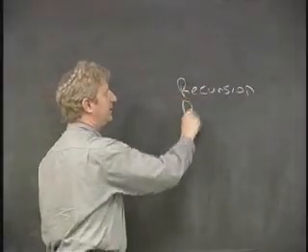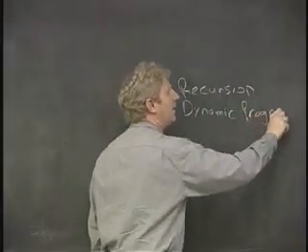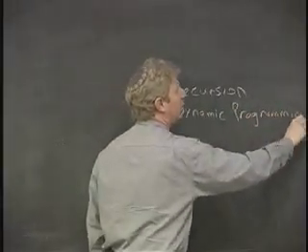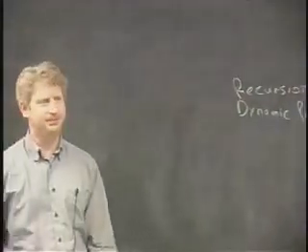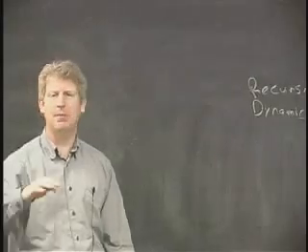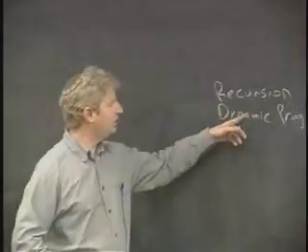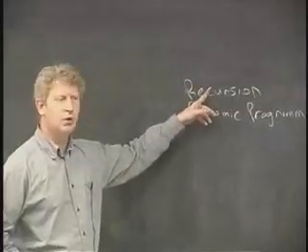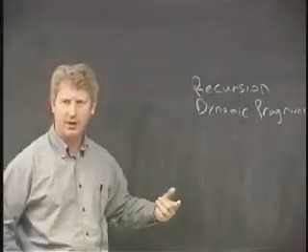There's another style called dynamic programming. You've also seen this too. In the Scheme course, they call this memoizing. It means going bottom up instead of top down. And generally, it's used as an alternative to recursion when recursion tends to call the same subproblem over and over and over again.